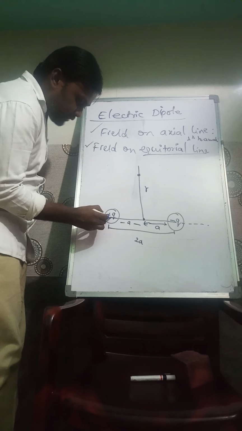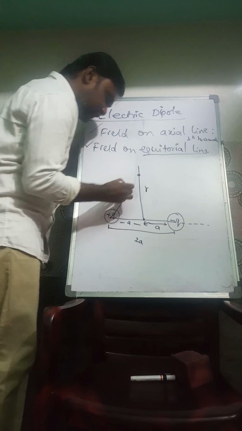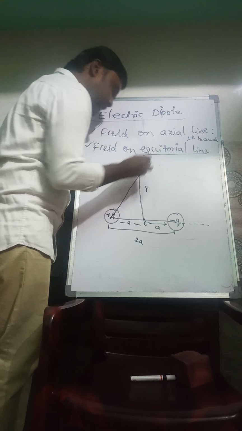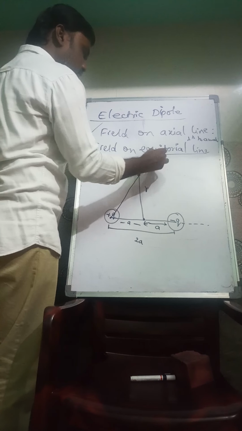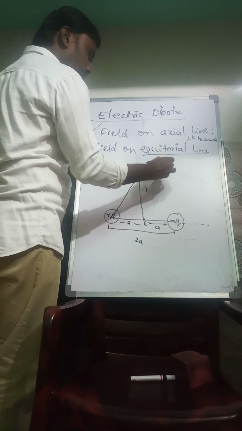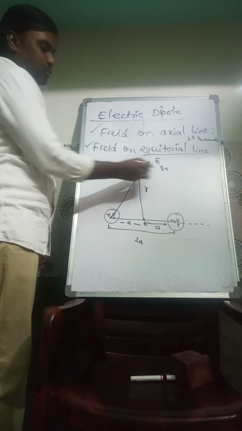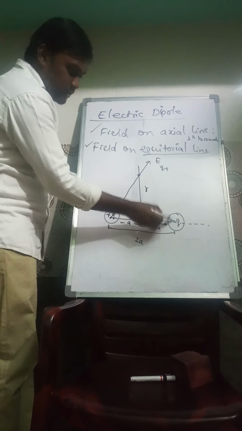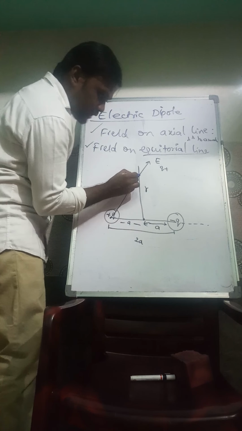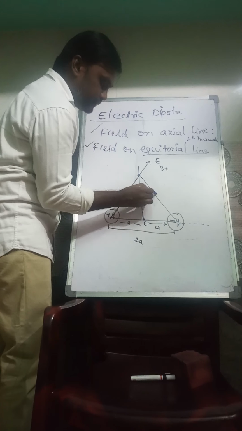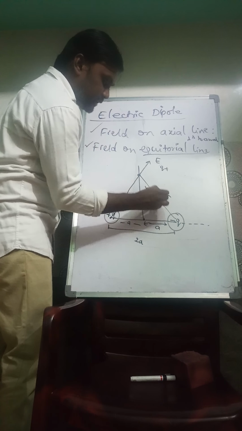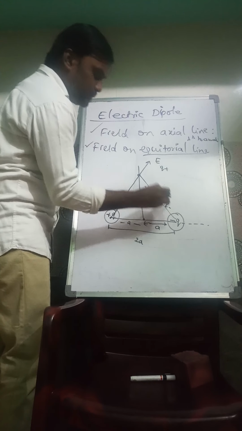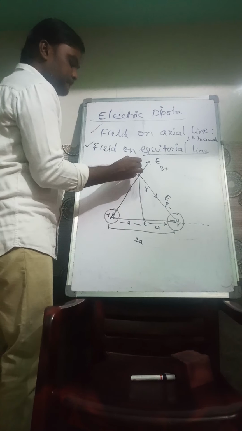As we know, from a positive charge the direction of the electric field is outward, away. So this is the electric field due to q positive, E q plus. Since this is the negative charge, the electric field is towards the charge, so this is the electric field due to q minus.